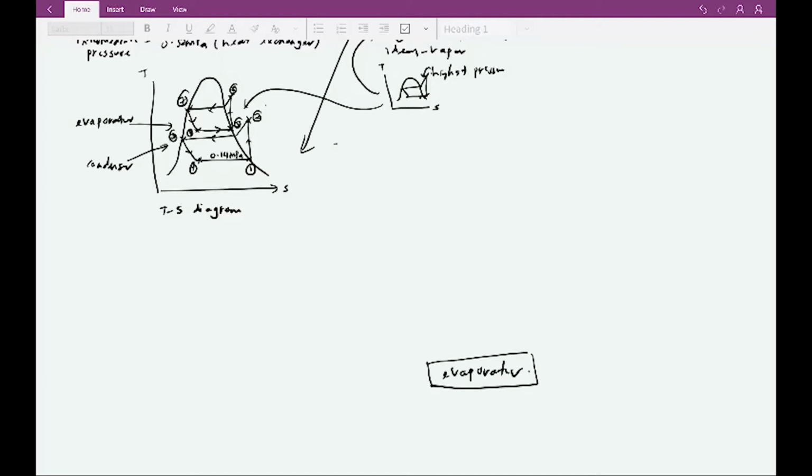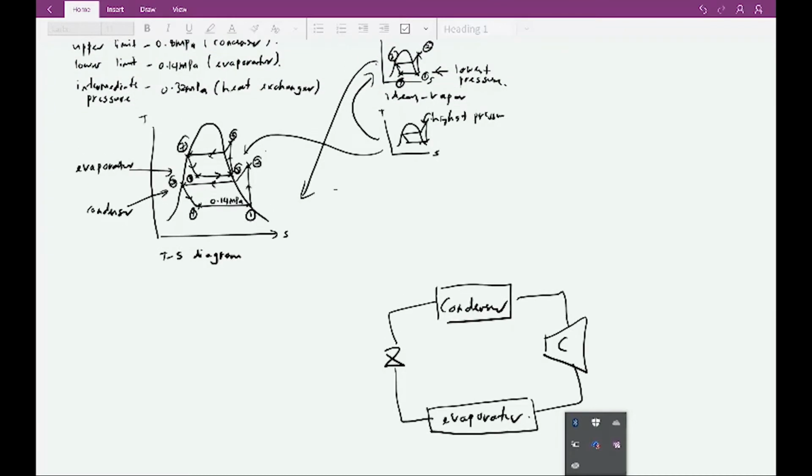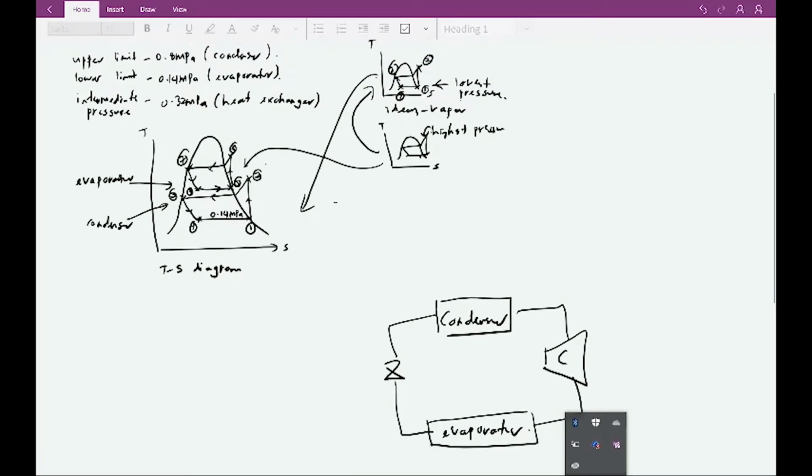Evaporator. Okay, this is your compressor. Then your condenser. This is your expansion valve. Okay, so this is from the lower cycle. So refer to your lower cycle.